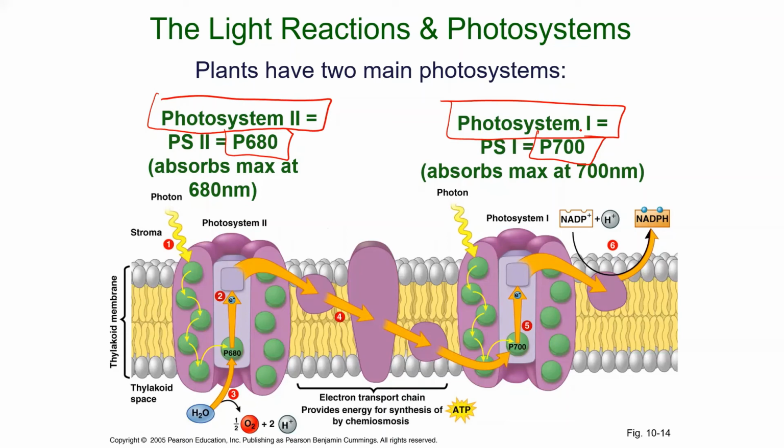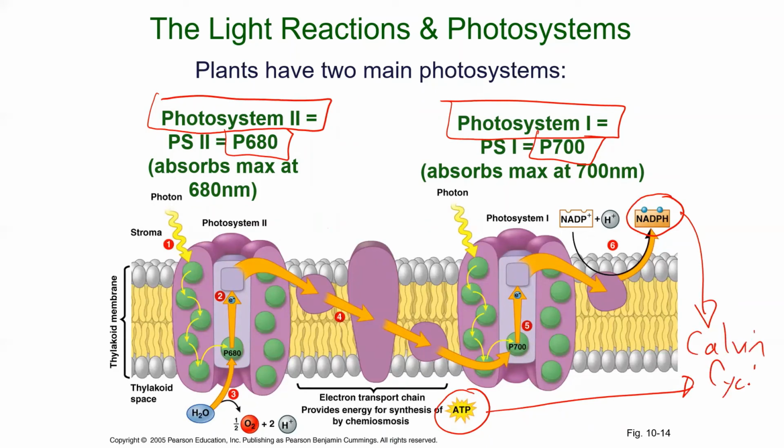They're going to go through this system, and you know what happens with electrons that go through systems? Sometimes we have electron transport chains, and electron transport chains make ATP. And sometimes those electrons end up on electron carriers, and that electron carrier over there is NADPH. And those things are important for the Calvin cycle. So that's kind of the light reactions in a nutshell.